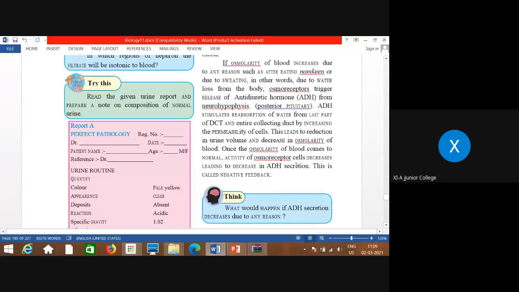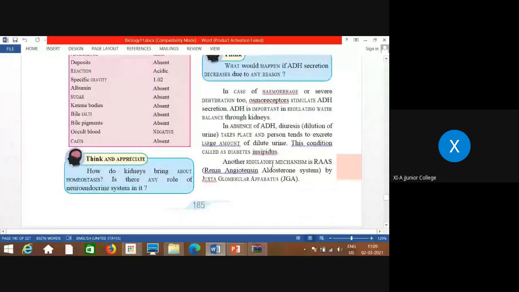The osmoreceptor cells decrease their activity, ADH secretion is stopped, and this is called negative feedback.